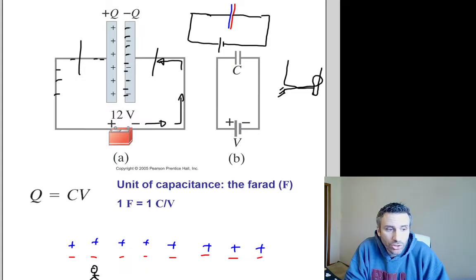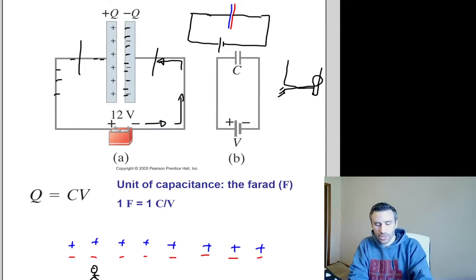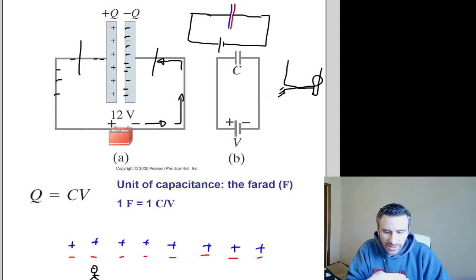Now there's more to capacitors than just powering things. Capacitors are put into circuits in order to serve a purpose. It takes a certain amount of time for a capacitor to charge, which is a big part of the math behind them.